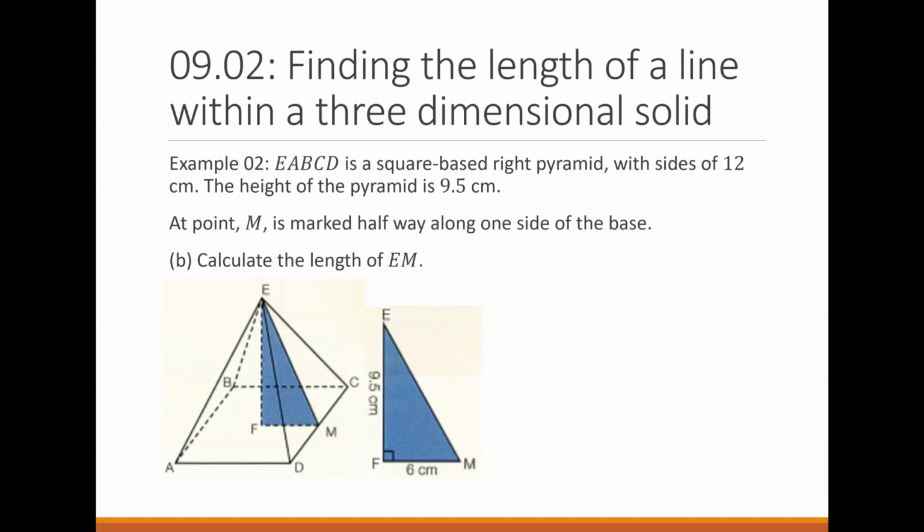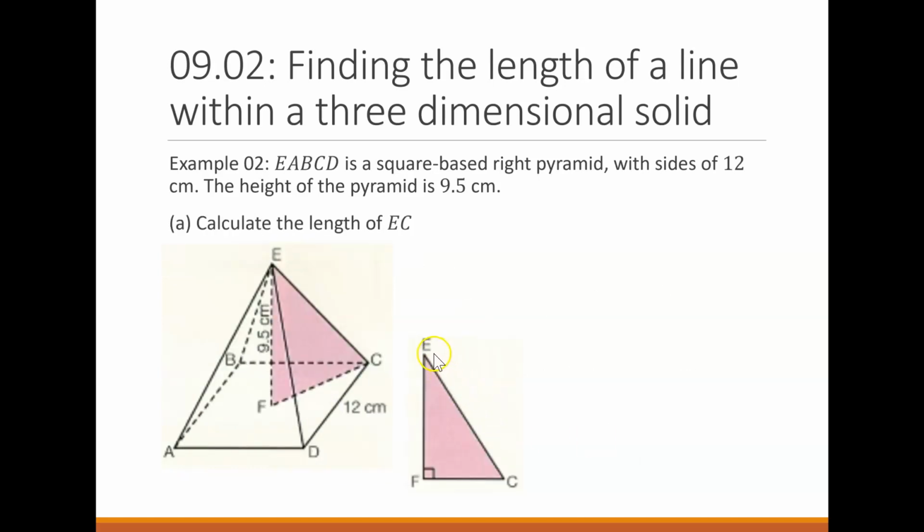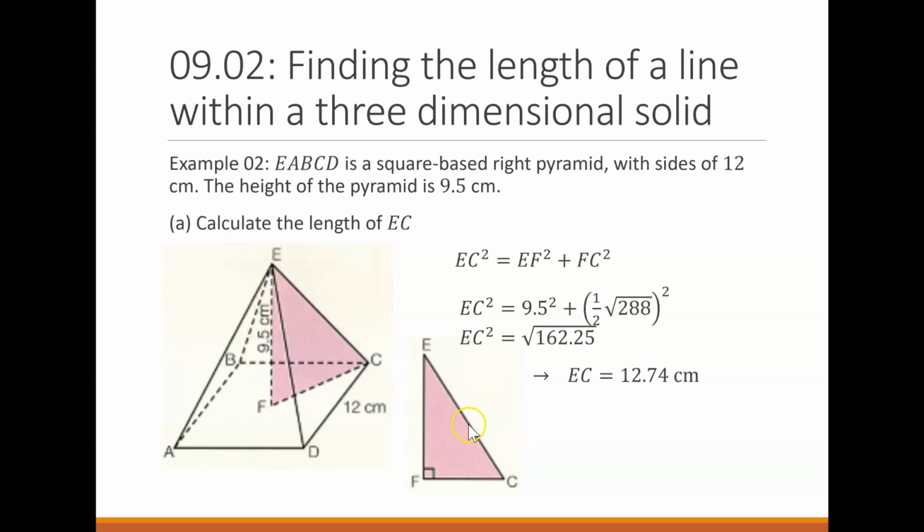So now I have enough to do the triangle EFC. I know EF is 9.5, and I know FC is 1/2 of the square root of 288. So when I do that, I get the square root of 162 1/4, which is about 12.7 for EC.